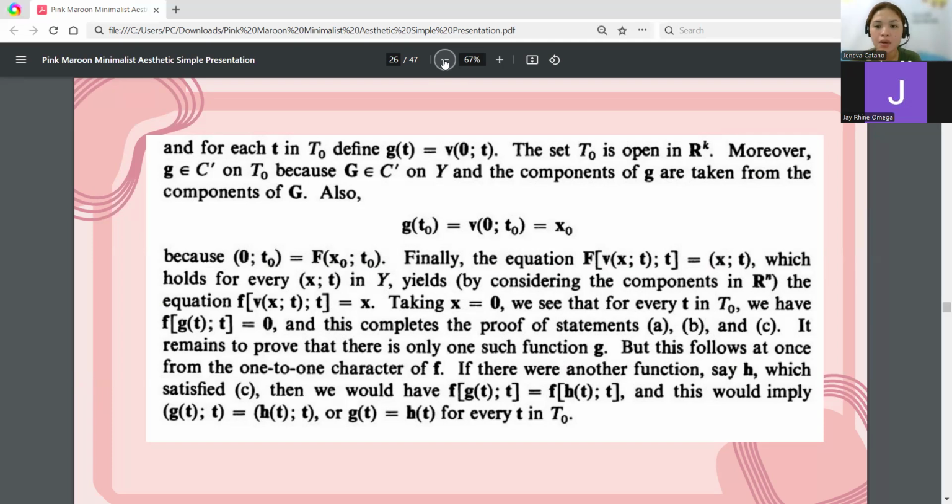The set T₀ is open in Rᵏ. Moreover, g belongs to C¹ on T₀, because v belongs to C¹ on Y, and the components of g are taken from the components of v. Also, g(t₀) = v(0, t₀) = x₀, because (0, t₀) = f(x₀, t₀).